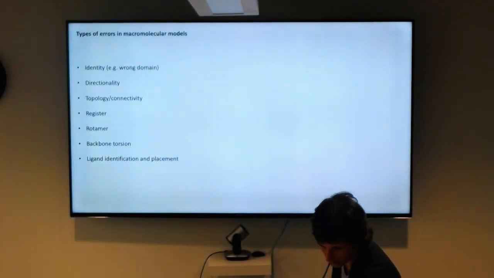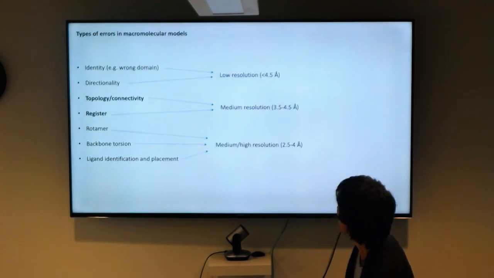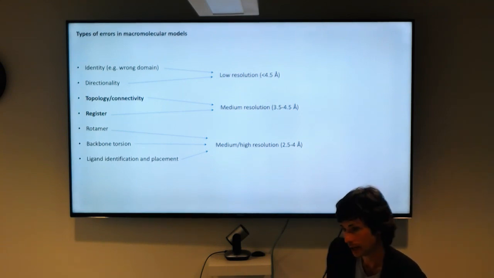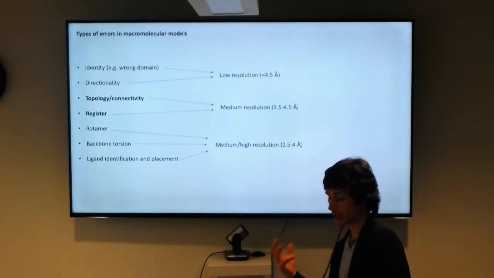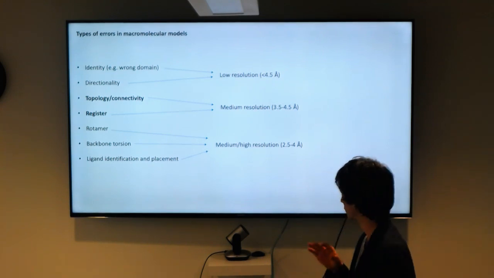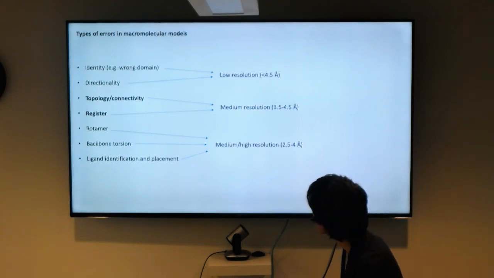Right, so I'm getting close to the end. I don't have that much more, but one thing I wanted to briefly cover was to think about the types of errors that you can have in macromolecular models. You can have errors of identity or directionality, which are most common at very low resolution, so sub 4.5 angstroms. That means putting a domain in the wrong place or tracing a chain backwards. Those are both things that have happened quite commonly in low resolution EM maps.